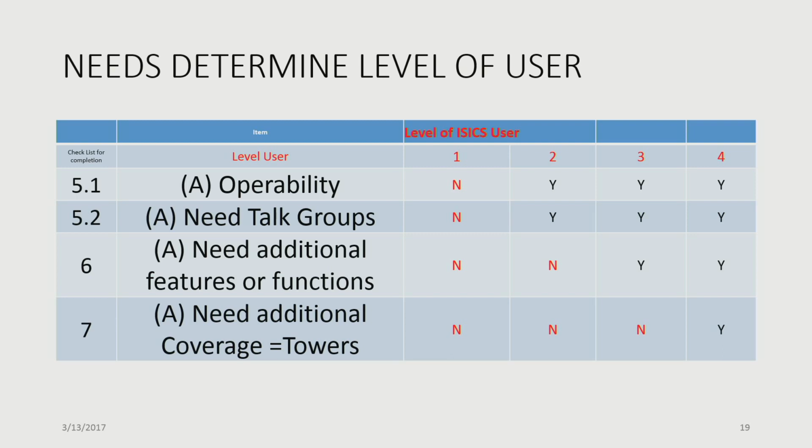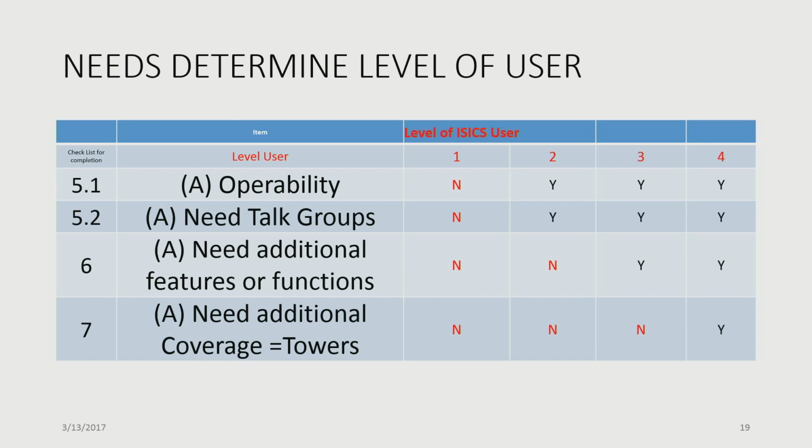Perhaps you want to run, and I don't know what that feature or function might be off the top of my head, but I'm sure there's something. Let's say as one example that I've had some conversations with fire services, they think that they would like to perhaps use P25 paging because the system is so wide and it works. It would conceivably work on more than one network. Well, that would be an additional feature or function that we might find.